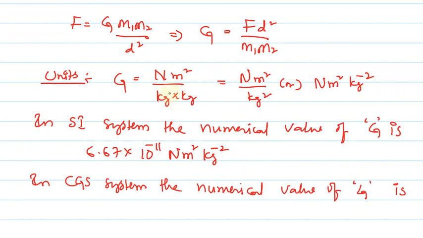The relation between newton and dyne is 1 newton is equal to 10 to the power 5 dyne, 1 meter square is equal to 10 to the power 4 centimeter square, and 1 kilogram is equal to 10 to the power 3 grams. When we simplify, the value is 6.67 into 10 to the power minus 8 dyne centimeter square per gram square. So this is the value of the universal gravitational constant in the CGS system.